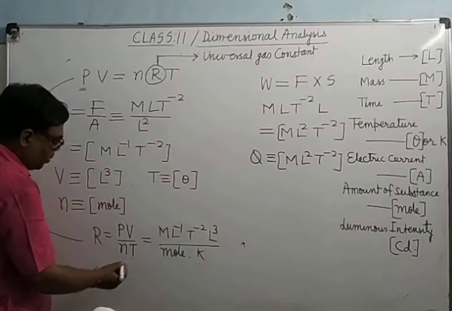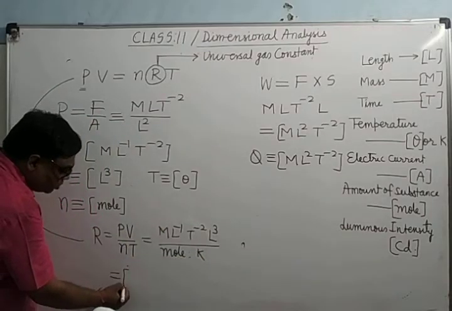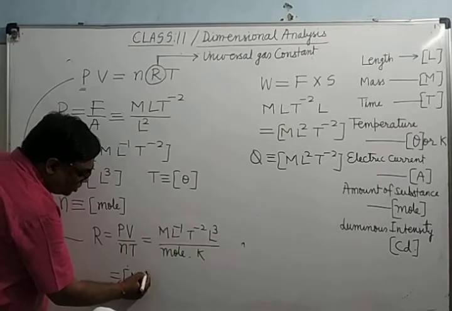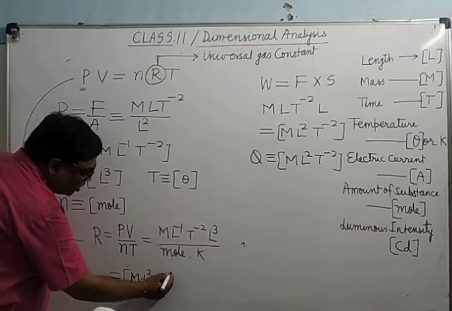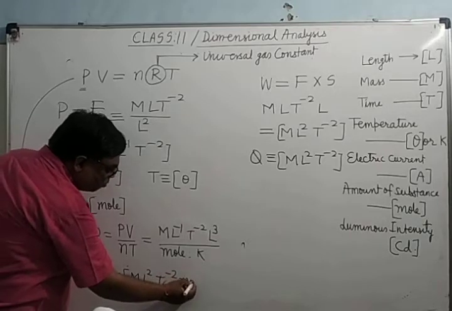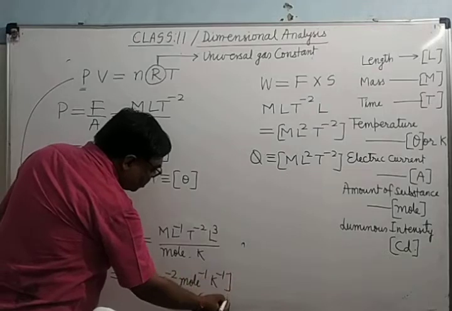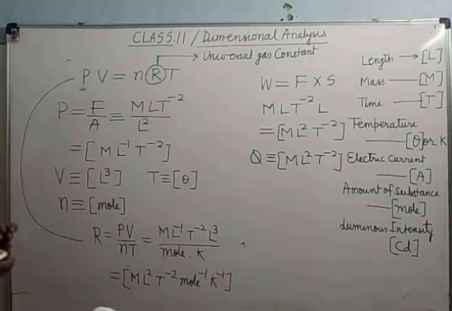So when you simplify, it will be ML square T minus 2 mole minus 1 K minus 1. This is the dimensional formula of the universal gas constant.